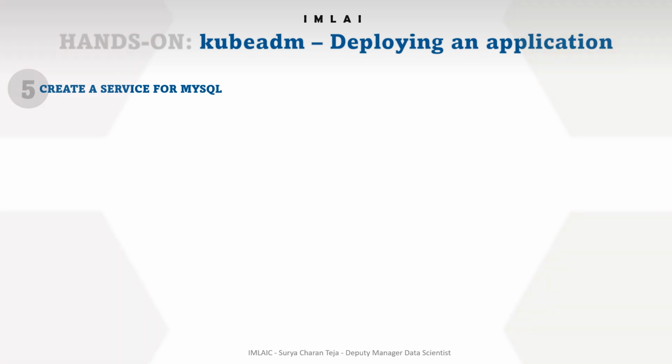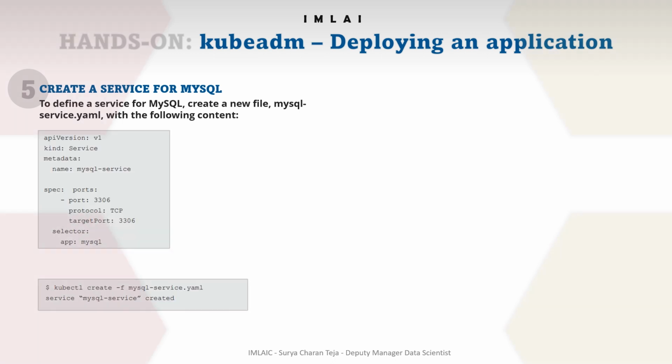So we need a service for MySQL. Create a new file called mysql-service.yaml, and this consists of the following information. Its name is mysql-service, the port mapping is 3306, the target port is 3306, protocol TCP, and the selector is app: mysql-app.